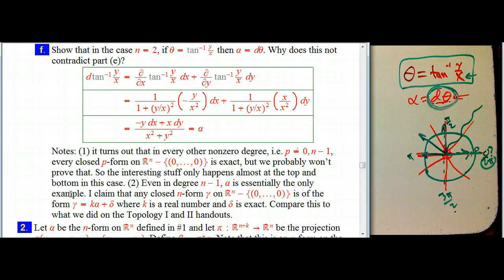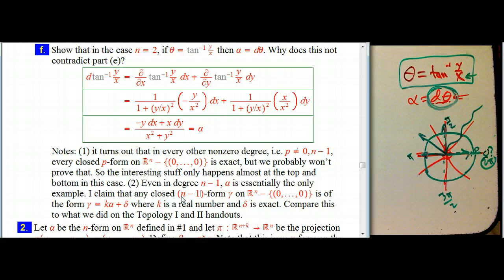Alpha, it turns out alpha is essentially the only example. So this is very much like what was going on in those topology handouts, that once you've found this example, then you can multiply that by any real number, and that's going to be yet another form that's closed but not exact. But the claim is that if I take any other closed form, and this is again an n minus 1, then this guy is going to be of the form some multiple of that alpha plus delta.